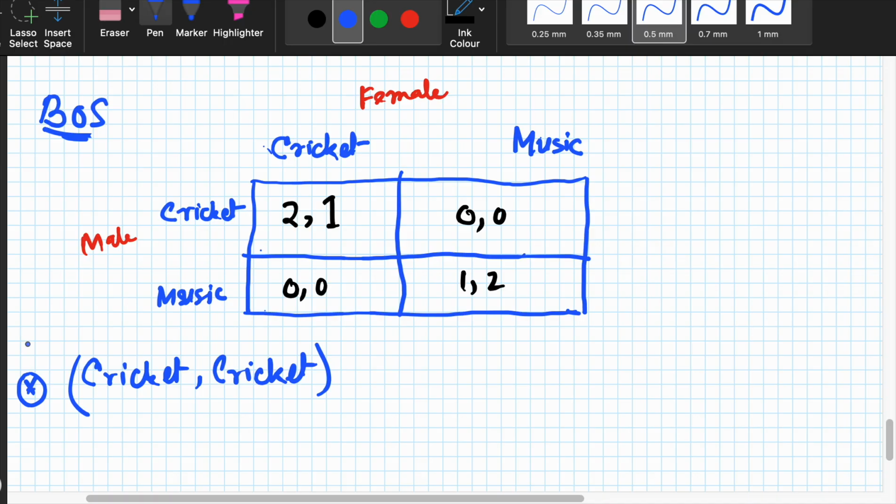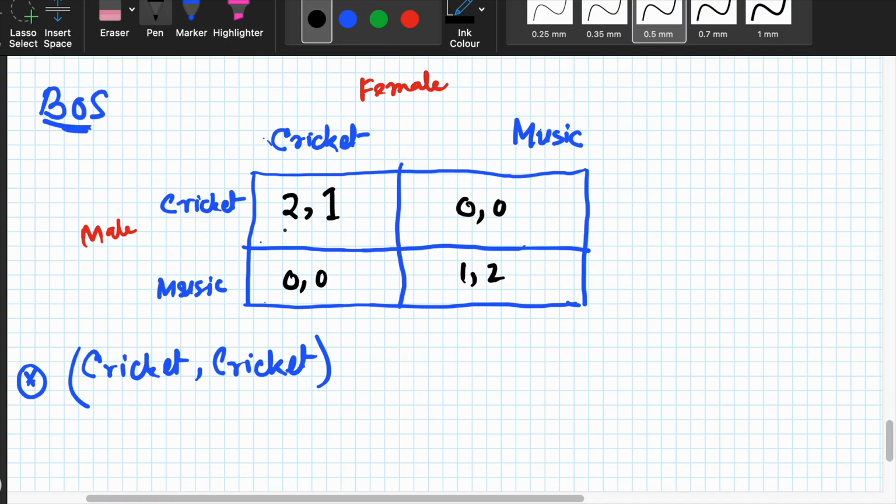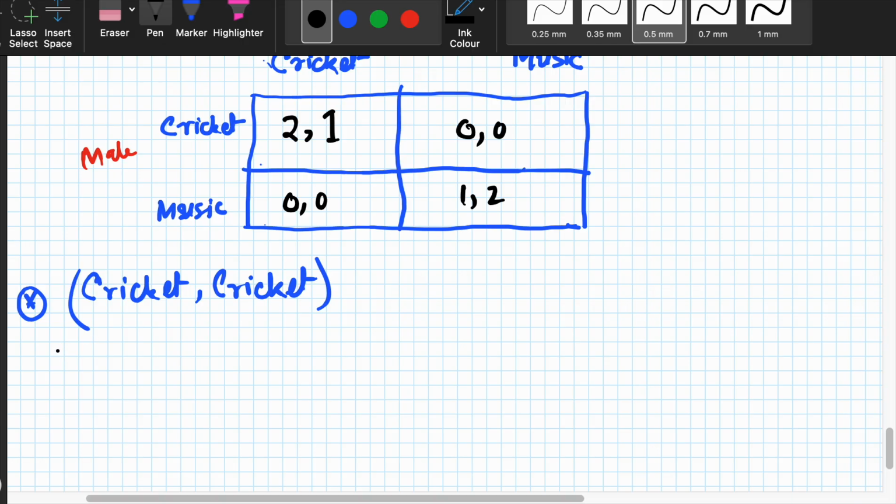Now in the situation cricket, cricket, does anyone have any incentive to deviate? Let's see from player 1's perspective. What else can player 1, the male, do? He can choose the musical concert.